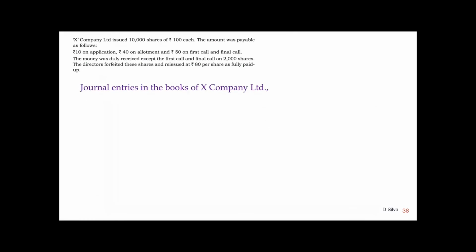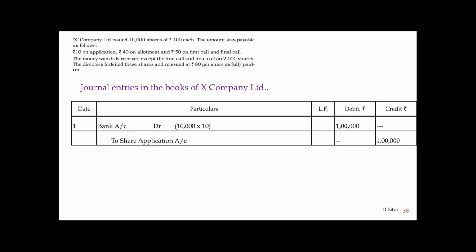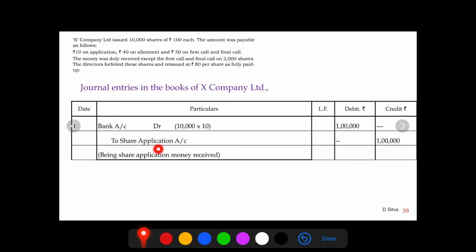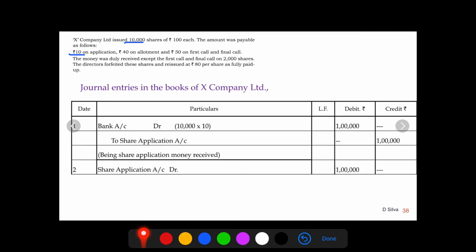Journal entries in the books of X Company Limited. Format of journal. First journal entry will be for the application money being received. Bank account debit to share application account. 10,000 shares on which rupees 10 on application, 1 lakh being debited and credited.